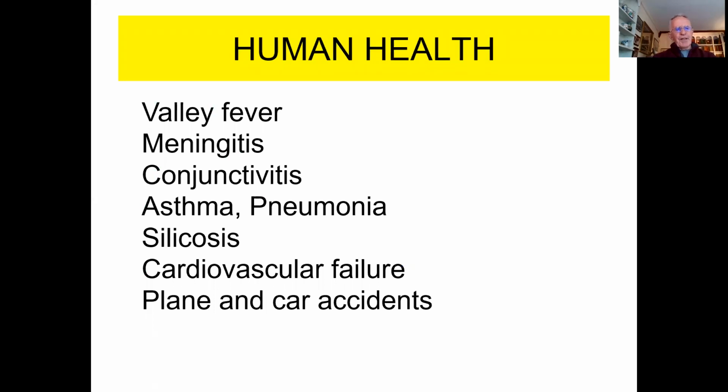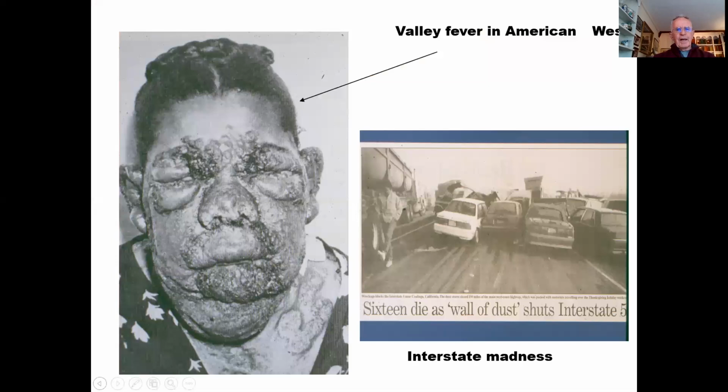Conjunctivitis, caused by nasty things in the air, affects people's eyes. Lots and lots of dust in the atmosphere is very bad for your breathing, and it also affects your heart. Particularly the smaller particles in the dust can get into your circulation system and cause heart attacks and the like.